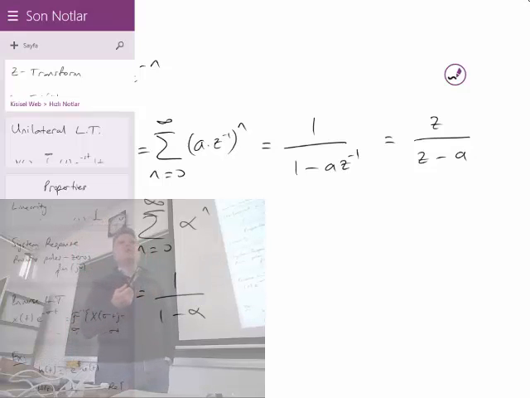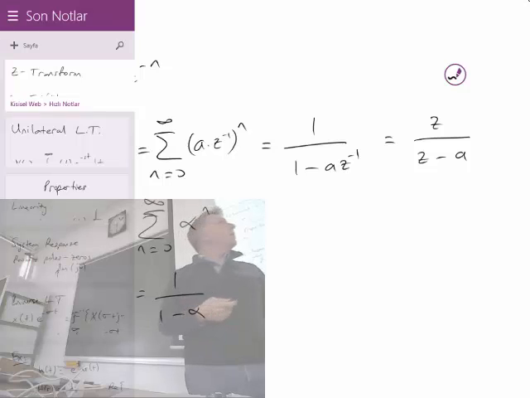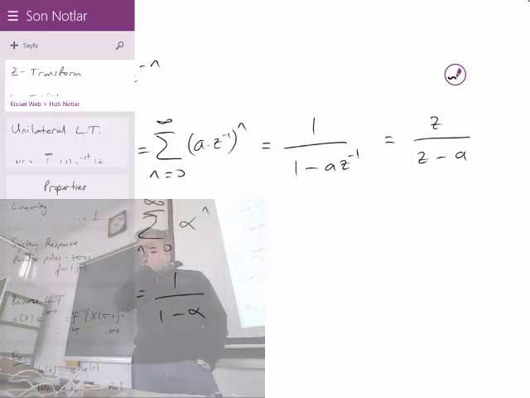So it's now easier to see that z is equal to a is a pole. But nevertheless, in the previous representation, it's also possible. And this is enough. This is the correct answer. If you just indicate it this way, it's even better. But that new representation now yields us the fact that z is equal to 0 is a 0.